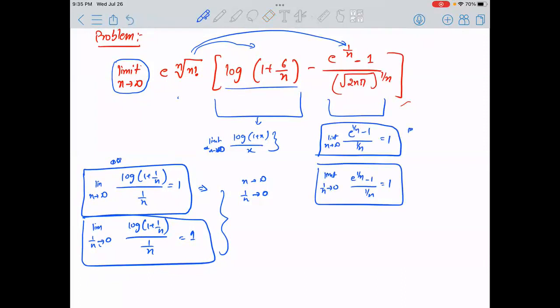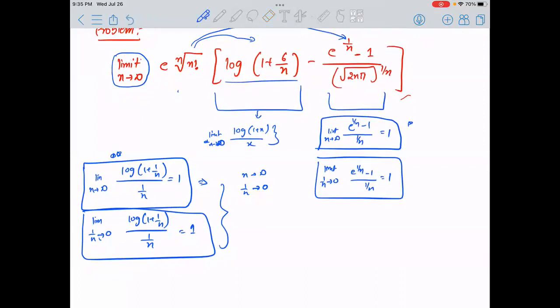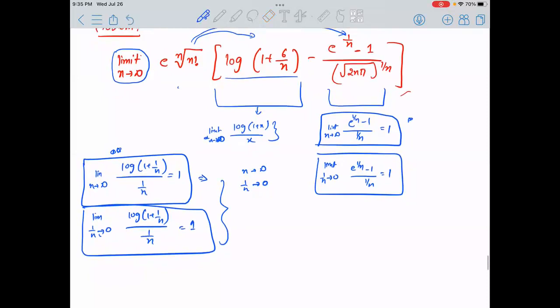So these are in somewhat standard forms. What I will do is take this inside.